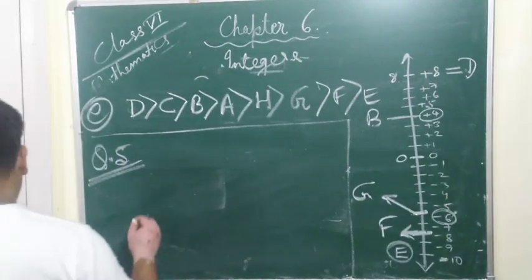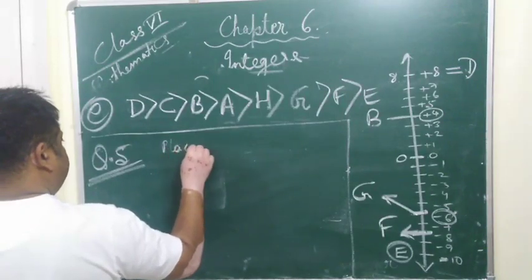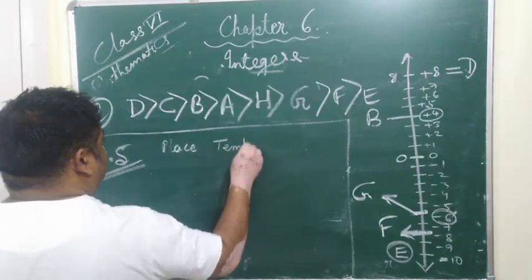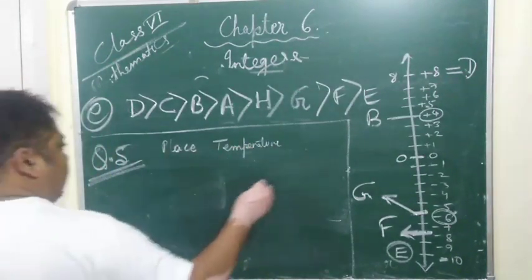Alright, it is given like this: place, temperature, and integer.